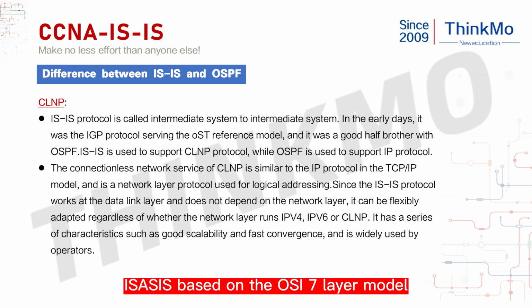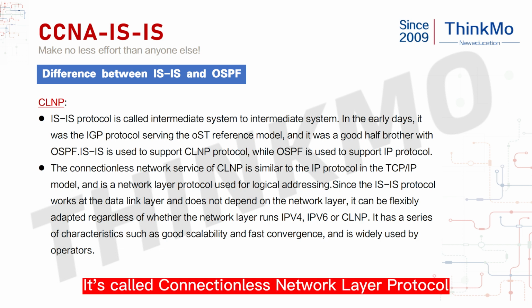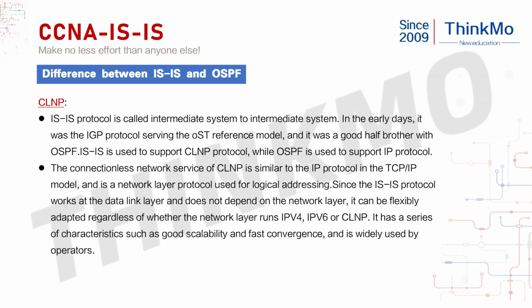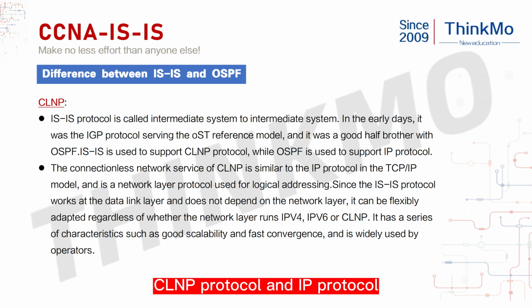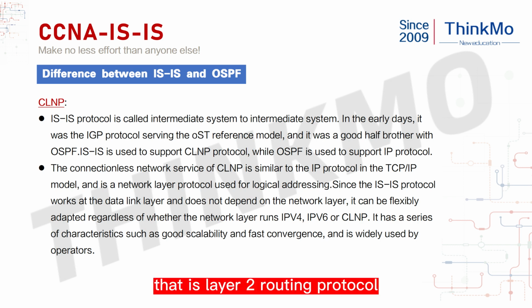ISIS is based on the OSI 7-layer model, using a protocol called CLNP, the Connectionless Network Layer Protocol. The CLNP protocol is equivalent to the IP protocol in TCP/IP. ISIS works at the link layer, that is, it is a Layer 2 routing protocol.